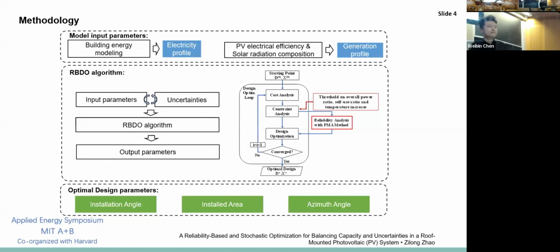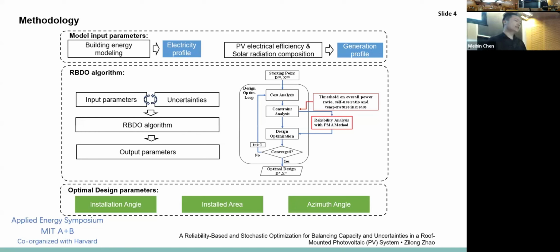This is the workflow, the general picture of how we model this RBDO method. At the beginning, from the building model, energy modeling, we get the electricity profile from the building.